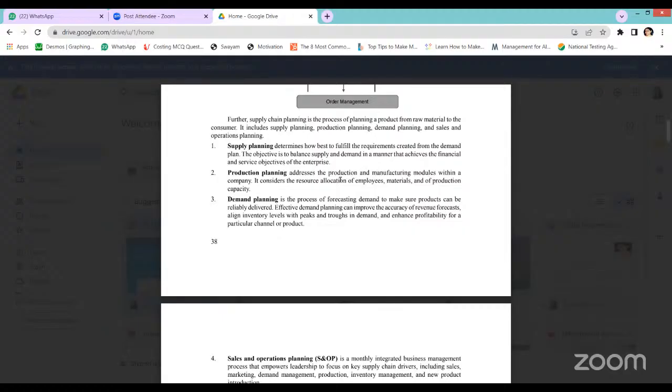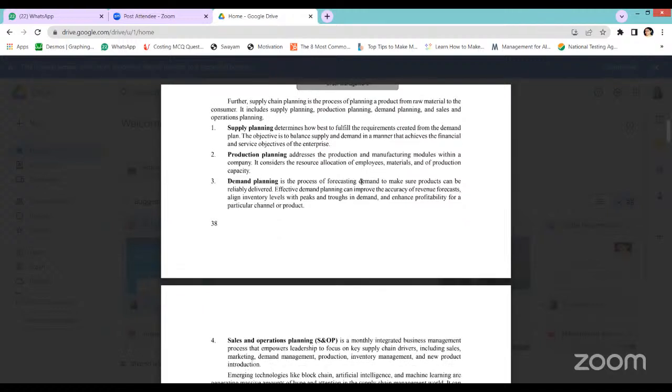Then production planning: what are the production and manufacturing modules within the company, and how to consider the allocation of employees, materials, and production capacity. How many employees are required? How many materials are required? And what is the organization's production capacity? All this is to be considered while planning the production.